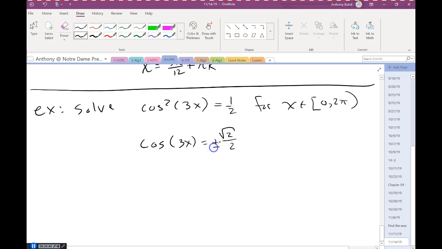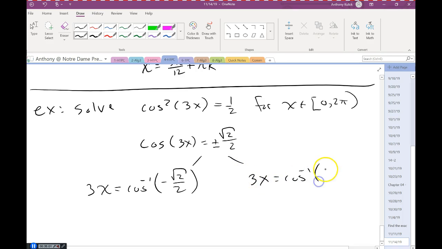When I rationalize my denominator, I get plus or minus root 2 over 2. Because of the plus or minus, we'll break this into 2 solutions to solve. So I get 3x is equal to the cosine inverse of negative root 2 over 2, and 3x is equal to the cosine inverse of positive root 2 over 2.